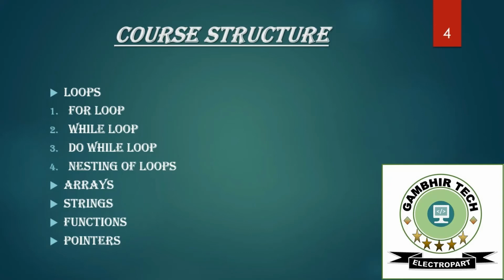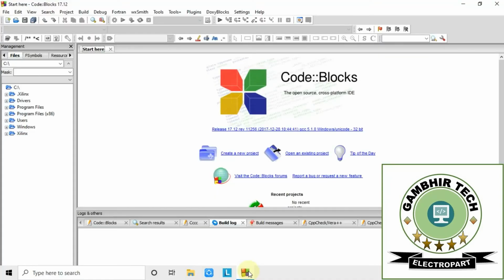Now let's go to the programming section. We will write the first program that we all write in every language: printing a statement. So let's go to Code::Blocks. I have just opened Code::Blocks.